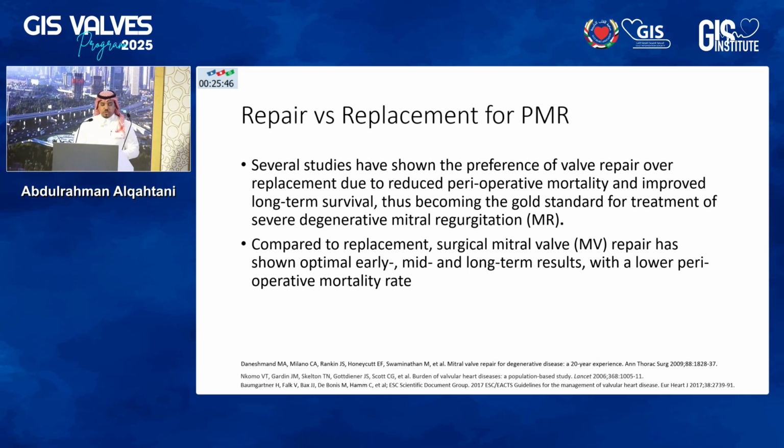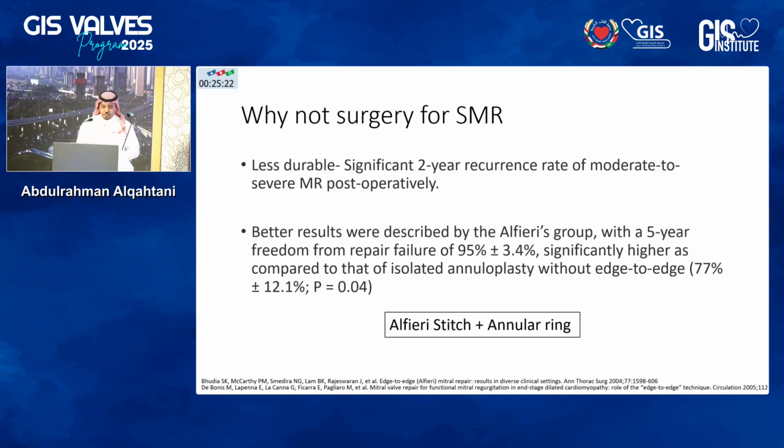There are operators who mainly do surgical mitral repair, and those who opt for surgical replacement. Mitral repair is by far considered the best because of reduced perioperative mortality and improved long-term survival. Compared to replacement, it has shown optimal early, mid and long-term results with lower perioperative mortality.